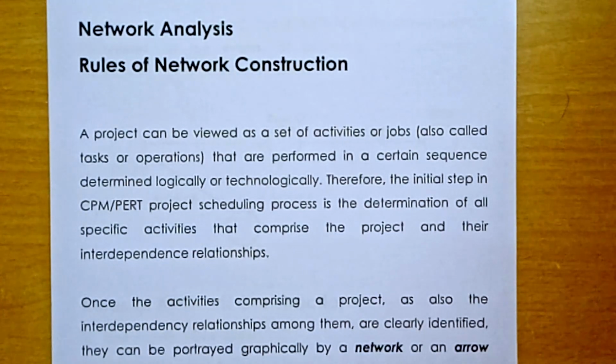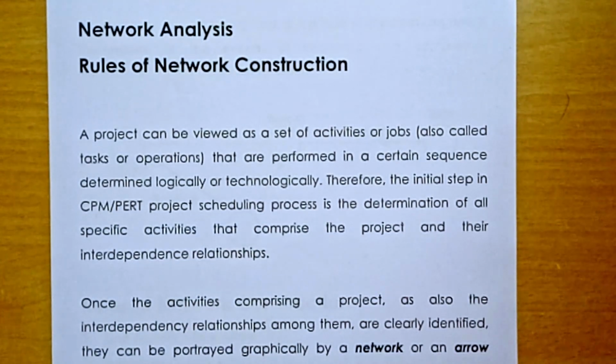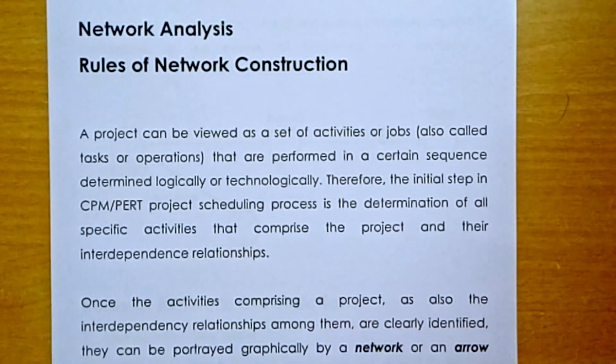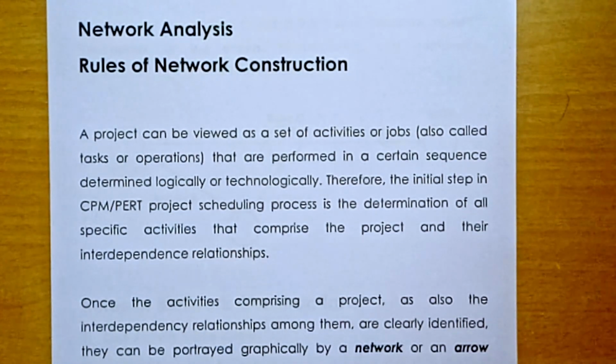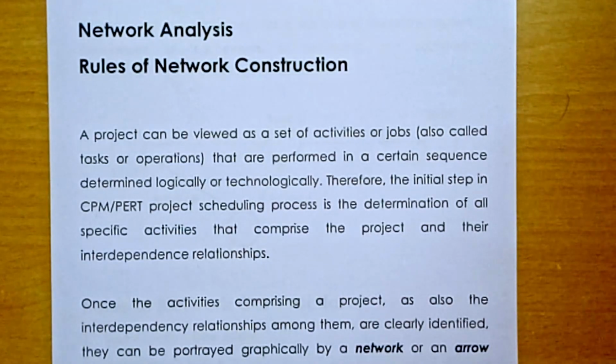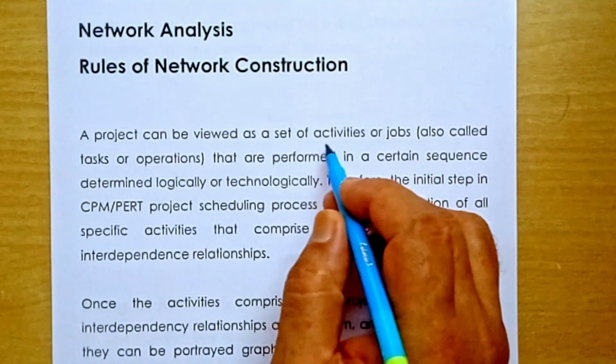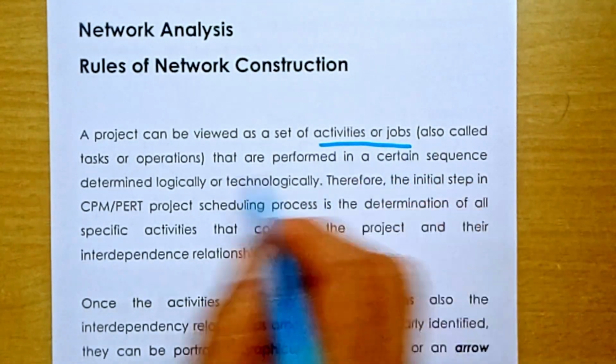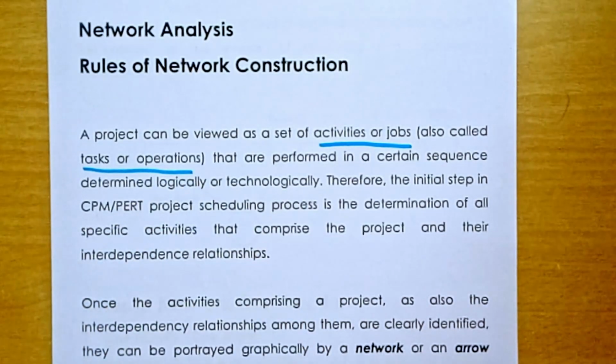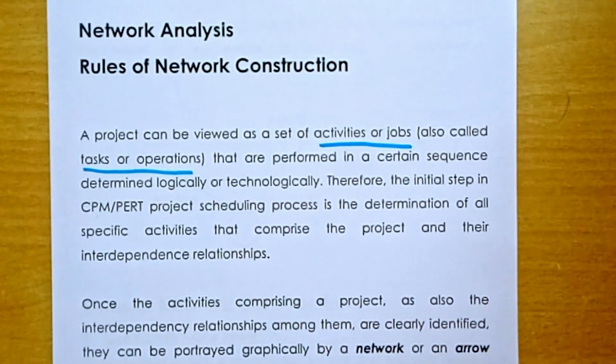Network analysis, rules of network construction. A project can be viewed as a set of activities or jobs, also called tasks or operations, that are performed in a certain sequence and determined logically.